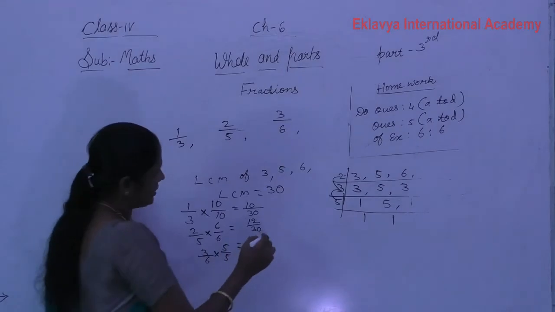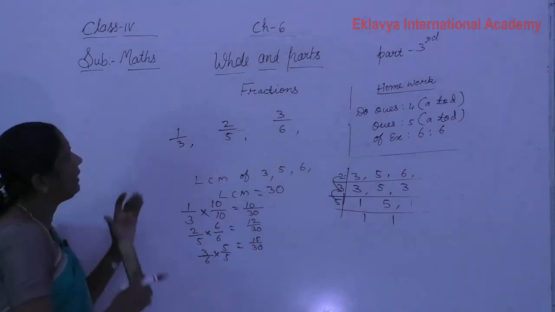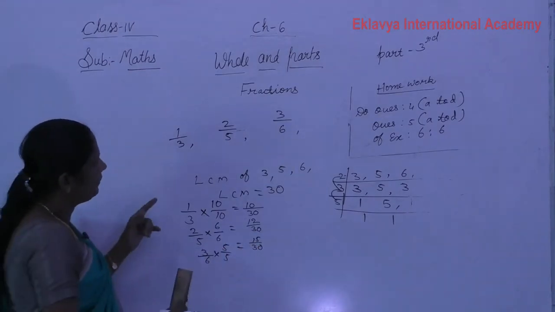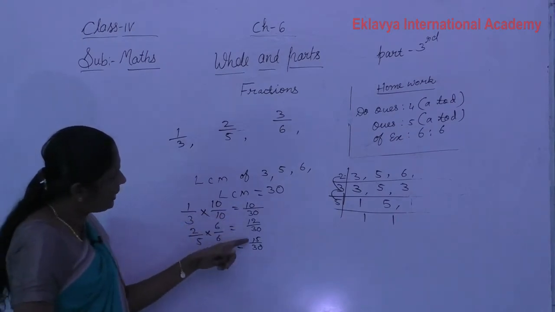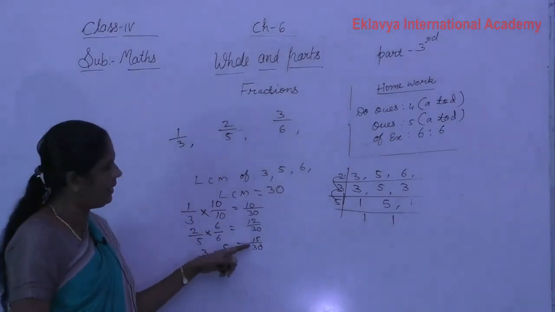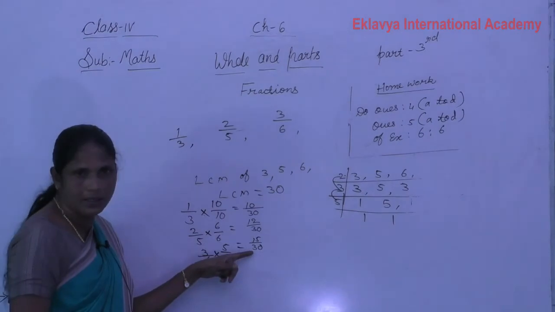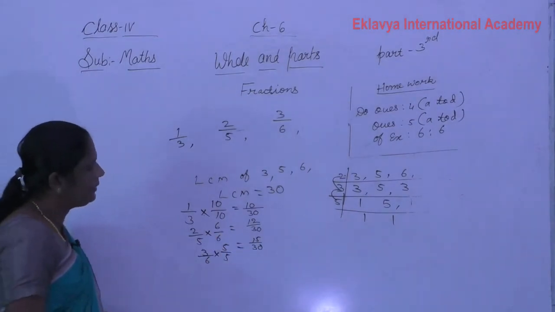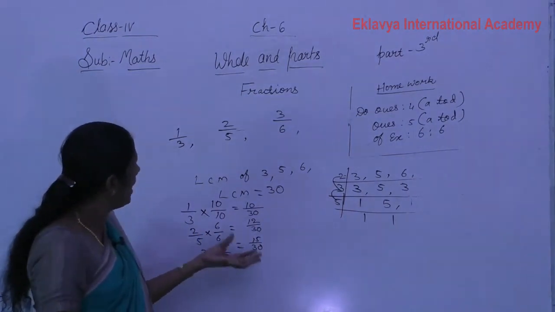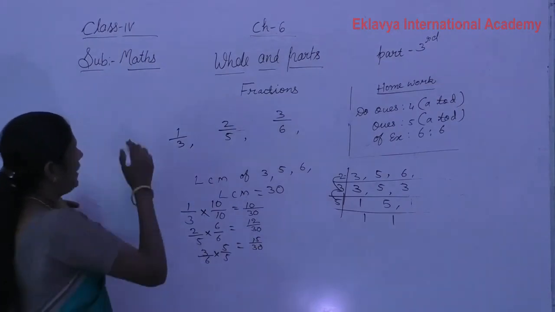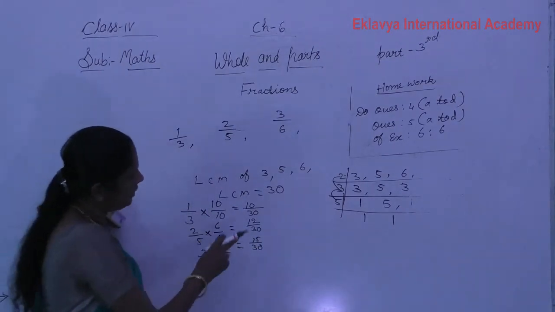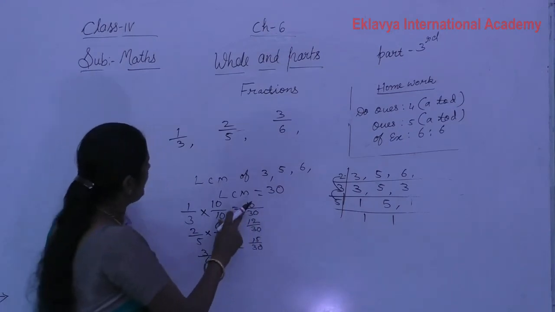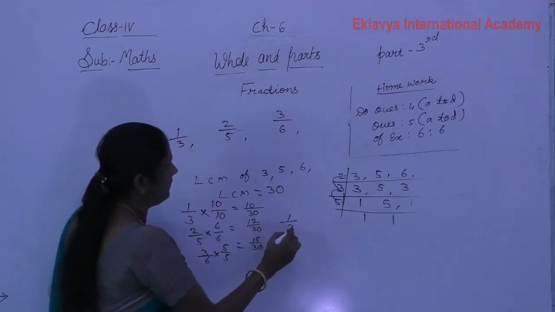Now we arrange these numbers. Look here, all denominators are the same. Now look, which is the ascending order? Find the ascending order, which is the smaller. 10 means the first fraction, 1 by 3.